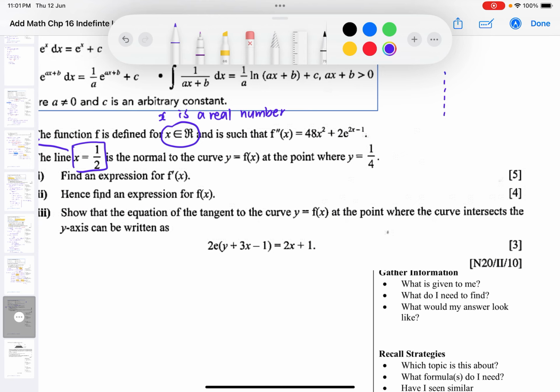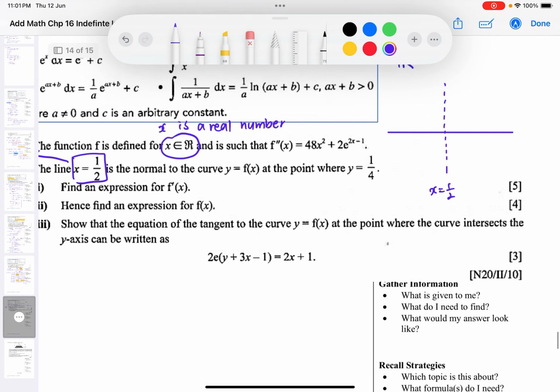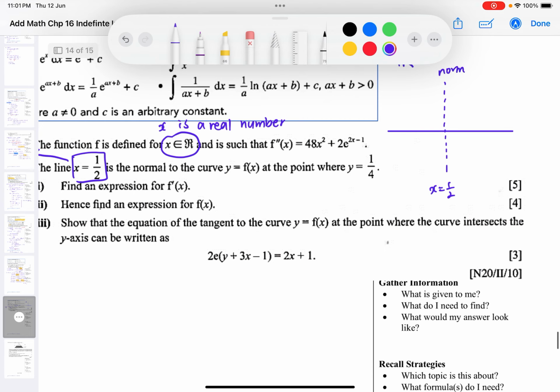The tangent is always perpendicular to the normal, isn't it? So if this is the normal, then the tangent must be perpendicular to the normal, which means that this curve at this point where x equals to half is actually a turning point.